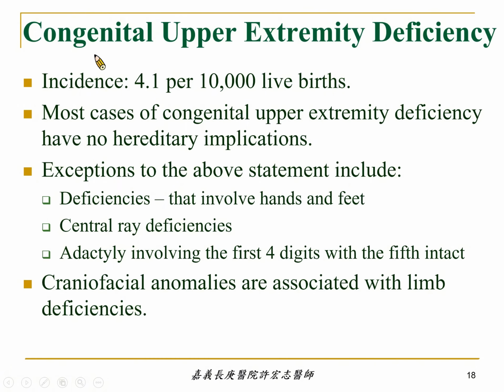Some important notes. The incidence of upper limb deficiency is about 4.1 per 10,000 live births. Most of them have no hereditary implications, which is very important because in our newborn clinic, most parents, if they have a baby with a limb deficiency, will feel very frustrated.